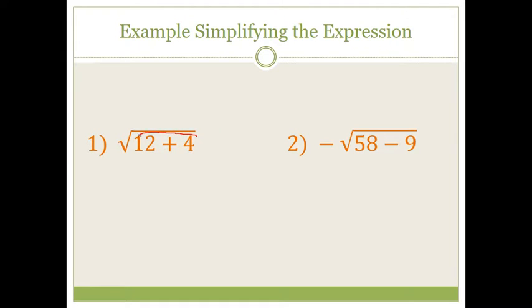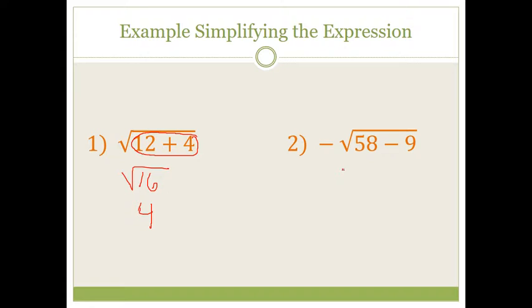I need to add 12 plus 4 first to get 16. Then we take the square root of 16, which is 4. You might ask, why not negative 4? Well, unless they indicate otherwise, I'm always going to list just the positive square root. So the answer is 4.